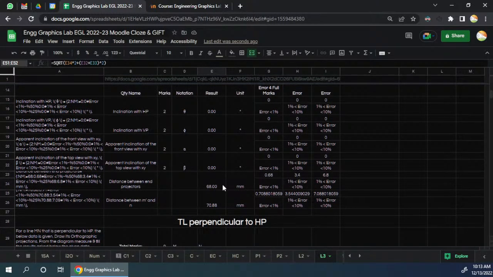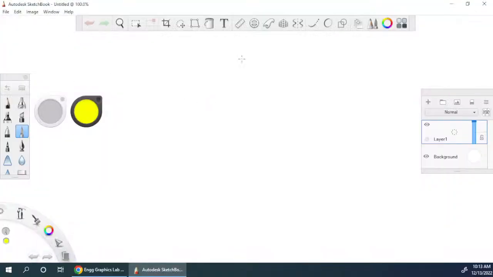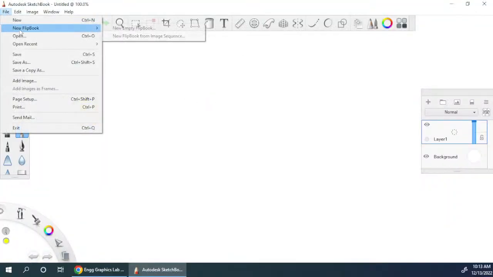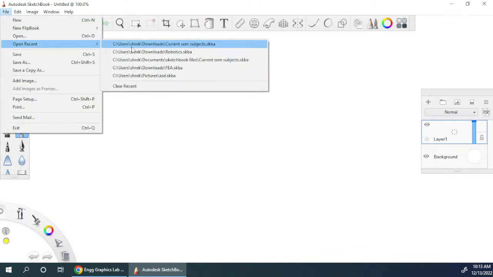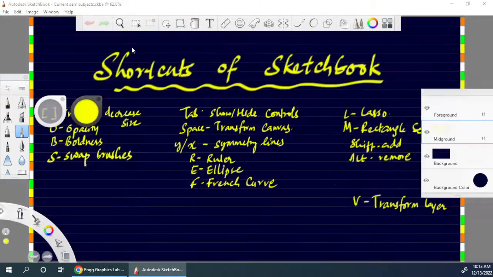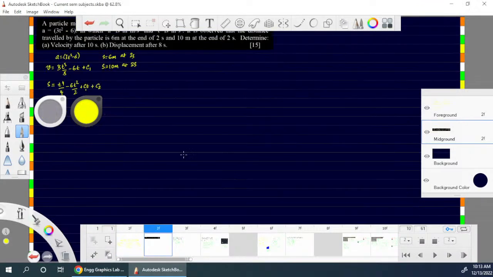Let's take the sketchbook and try to see how it happens. It's loading. Right, here it is. Let's take some subject, doesn't matter which one.